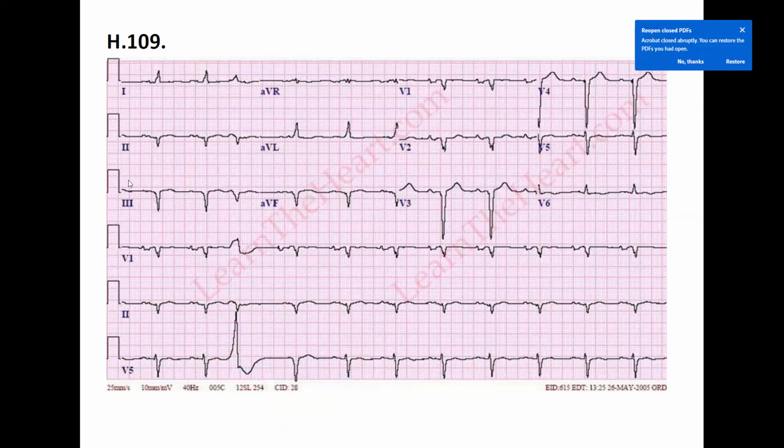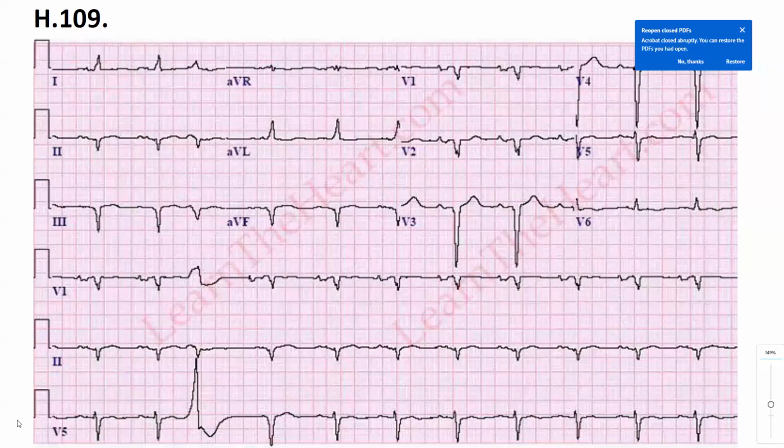Well, the axis. Nope, nope, nope. P wave first. Step by step. I am giving you a guide. Okay. The P wave, the morphology and the width of the P wave. Is this normal? No, because it's wide and has two bumps, notched.